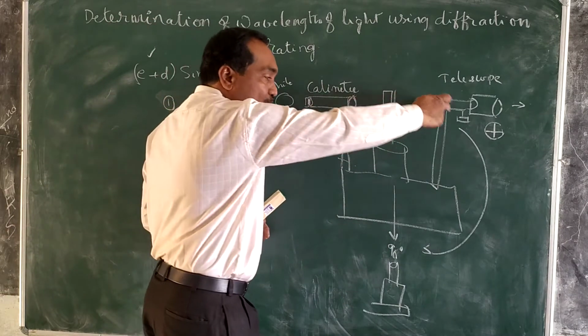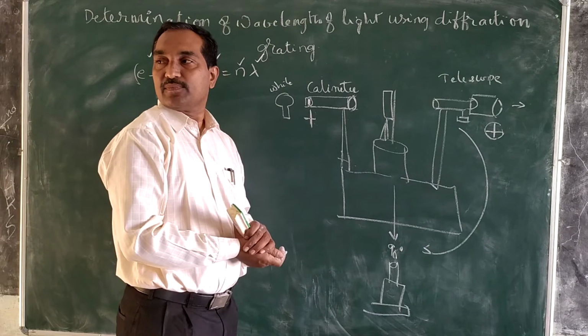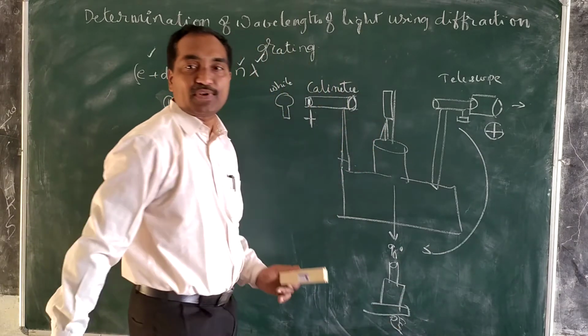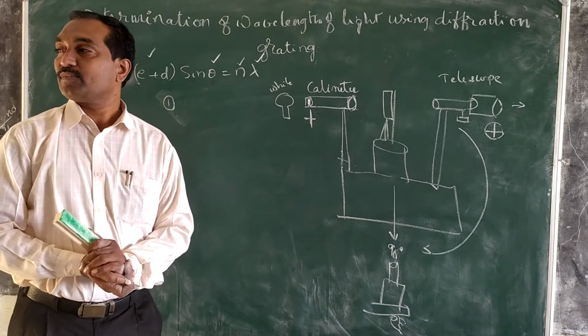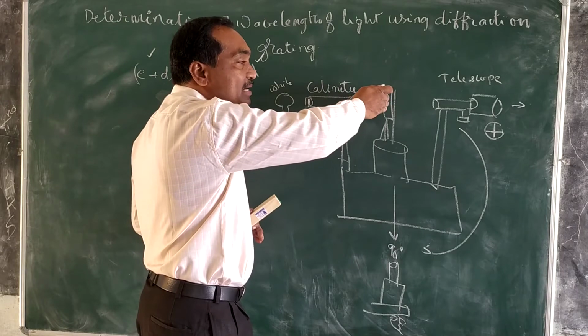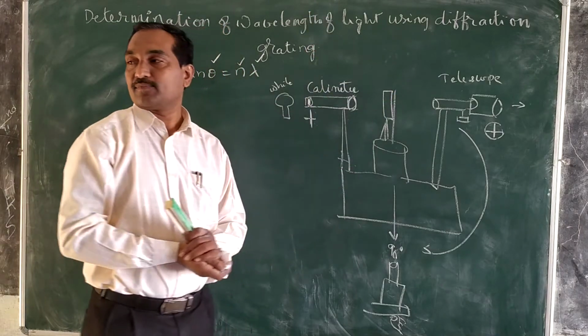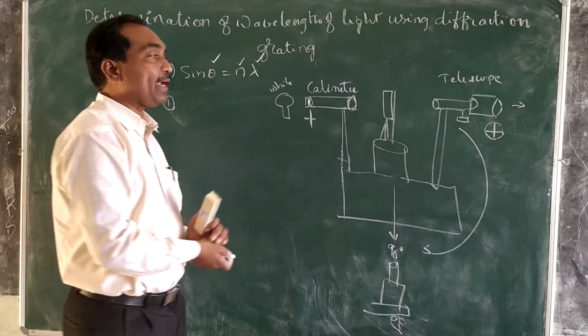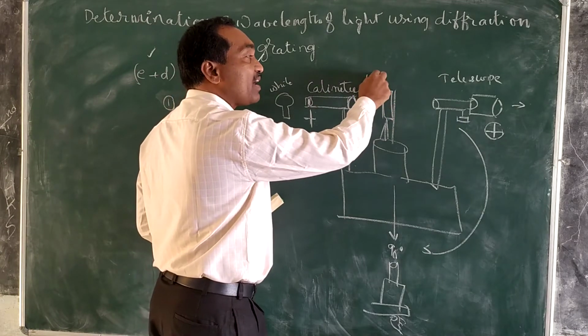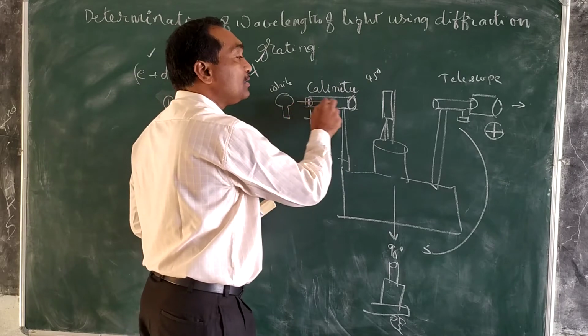Now the telescope position is here. When we are observing this place, we can see the slit after reflection at the diffraction grating. At this moment, the diffraction grating makes 45 degrees with the incident light.